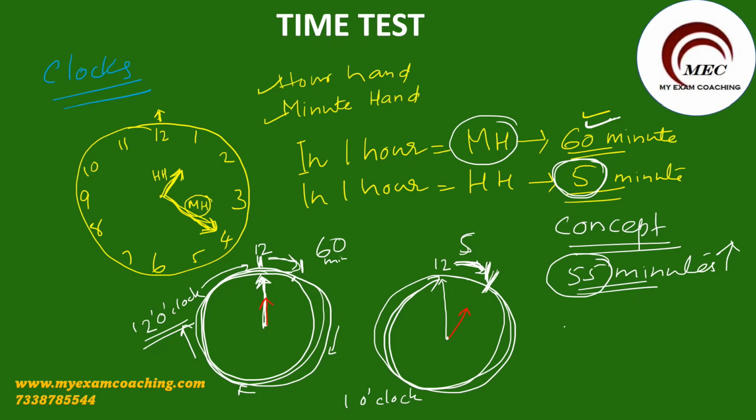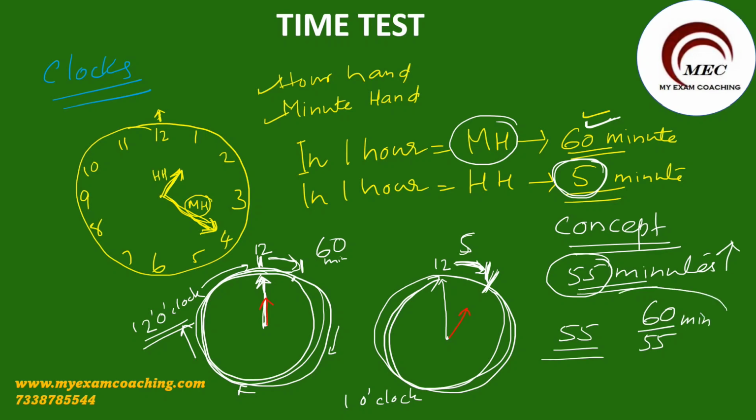So what is that 55 minutes gap that you understood? Total 60 minutes. Now you have a very important concept here. To gain 1 minute space, it takes 60 by 55 minutes.